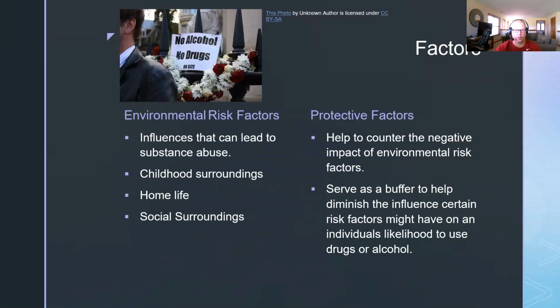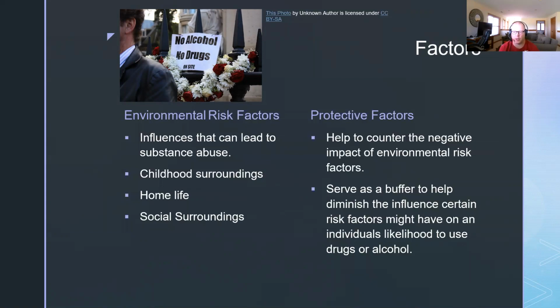So some factors that I want to discuss first are environmental and protective factors. When we talk about environmental risk factors, these are influences that can lead to substance abuse. Things such as your childhood surroundings, your home life, and also your social surroundings fall into the category of environmental risk factors. And then protective factors, things that can protect us from these risk factors.